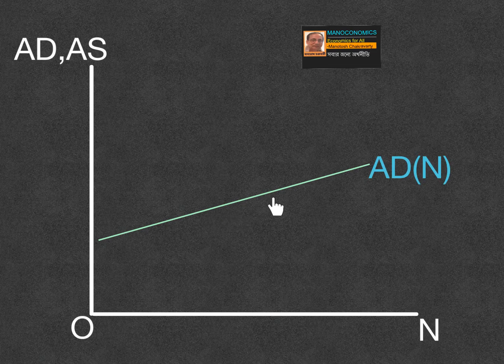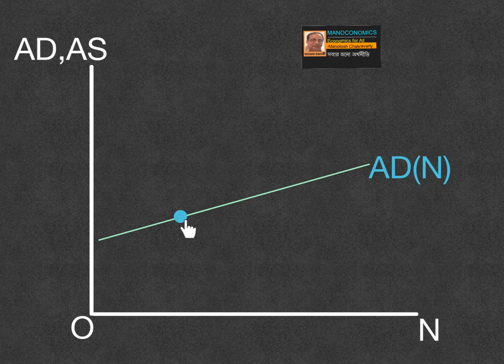Aggregate demand, which is a function of employment, represents the expected returns at different levels of employment, and it is assumed here that with the change in the volume of employment, aggregate demand, that is the expected returns, increases at a constant rate, and thereby the aggregate demand curve here becomes a straight line.